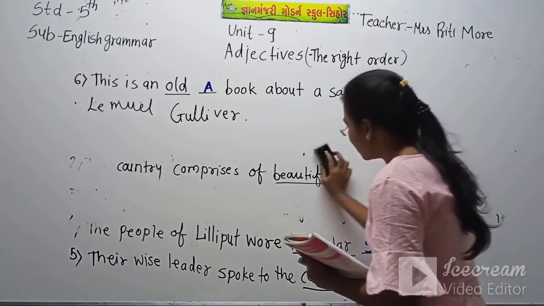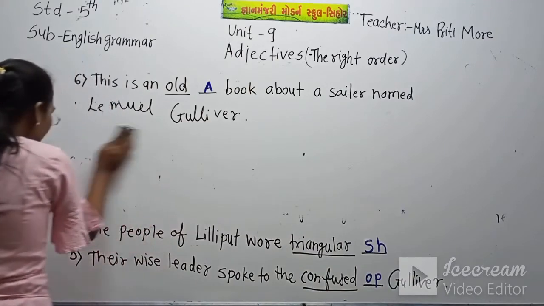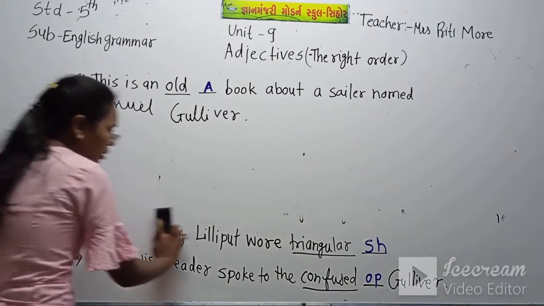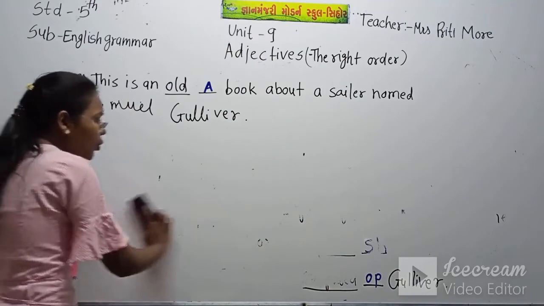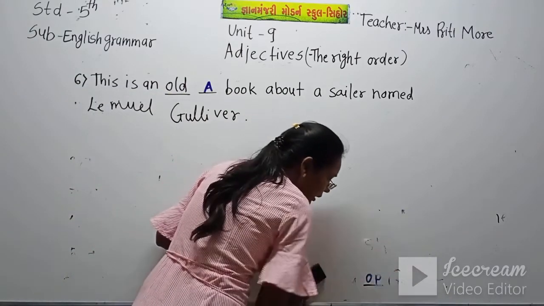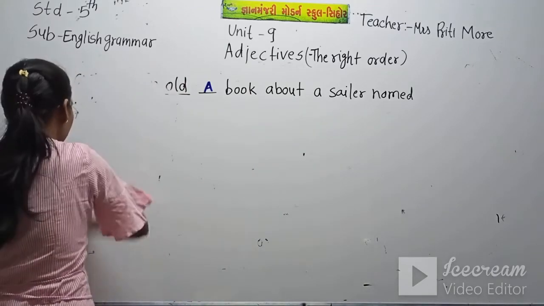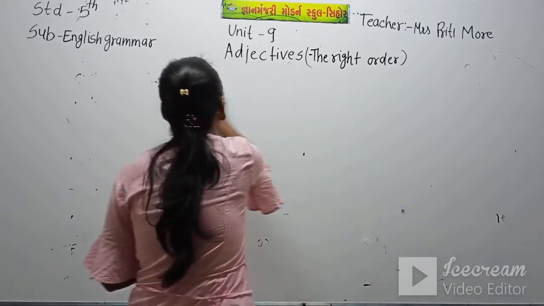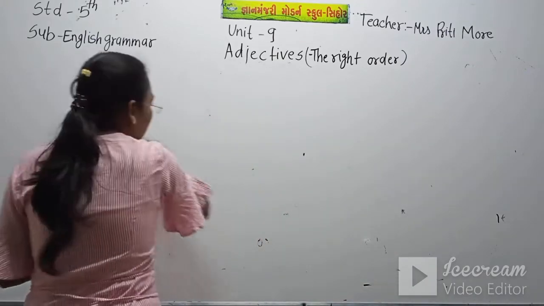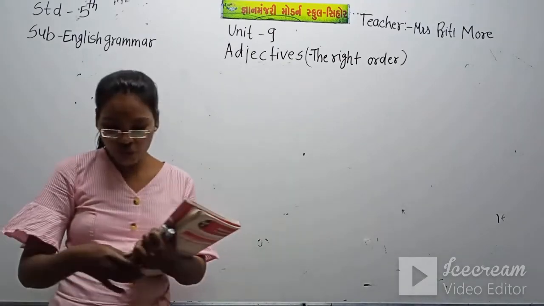What instruction is there? We have to rewrite the sentences by using the proper order of the adjectives, because in the bracket two adjectives are also there. The second one is already done for you.